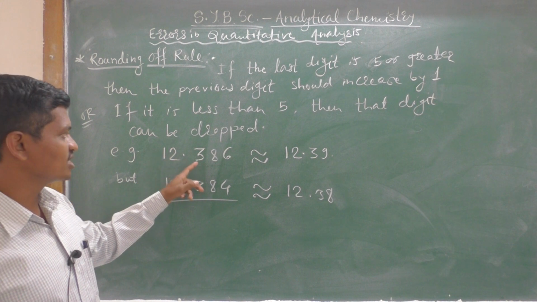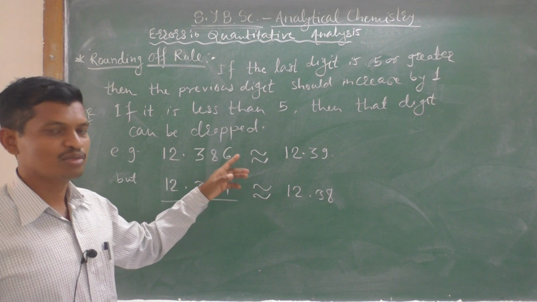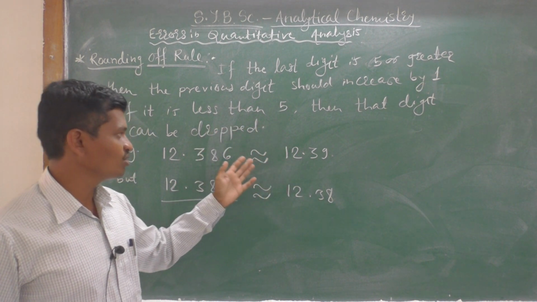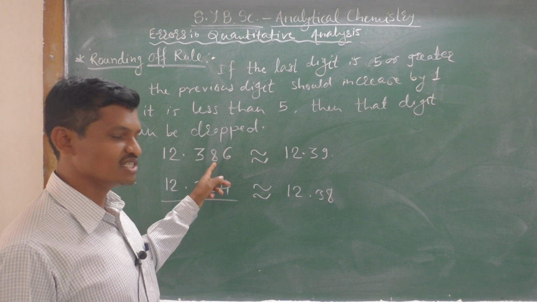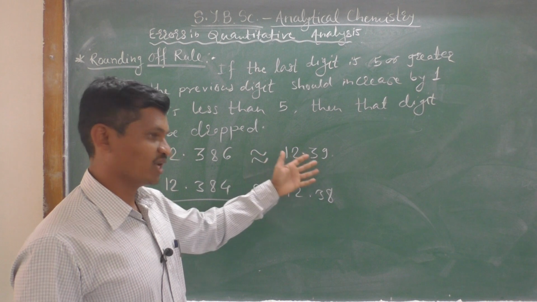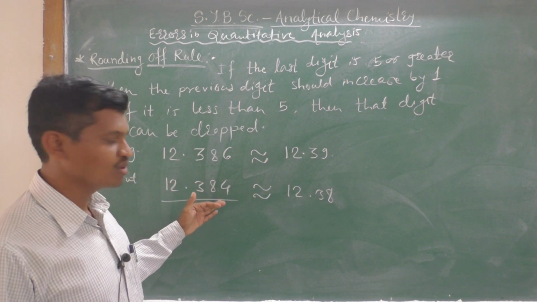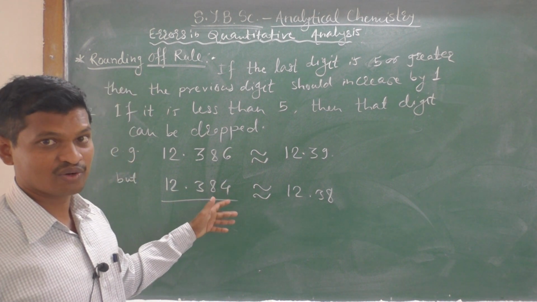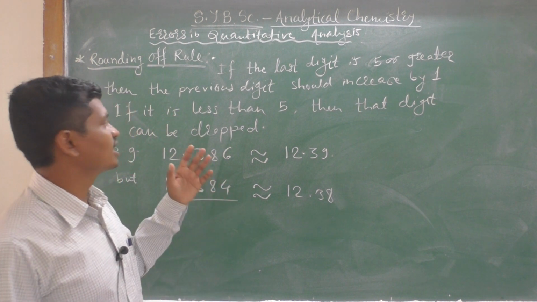If it is 12.38567889, where the digit is 5 or more, then one is added to the previous digit and we obtain the result like this. But if it is less than 5, then the last digit can be neglected or dropped. This is a very simple rule that is known as the rounding off rule.